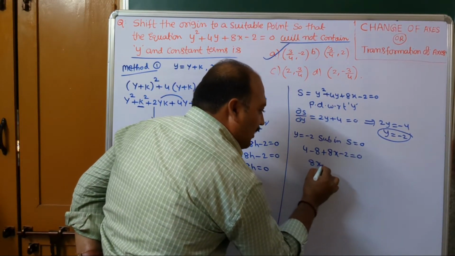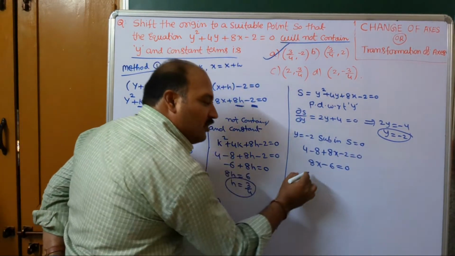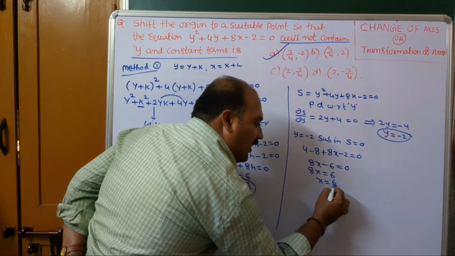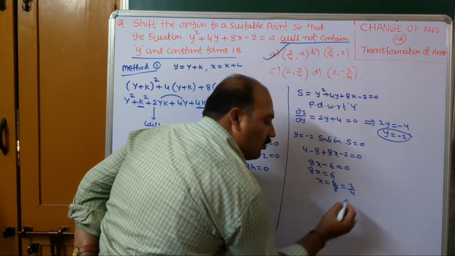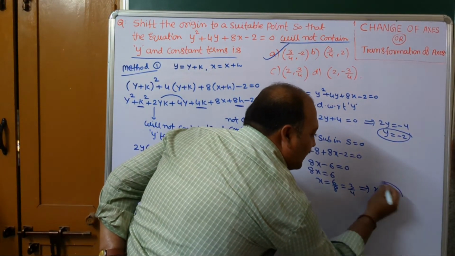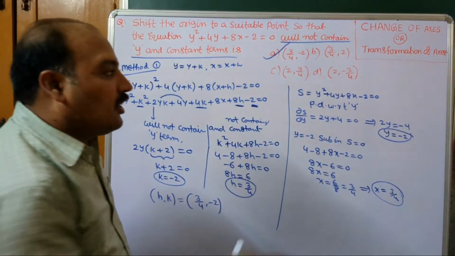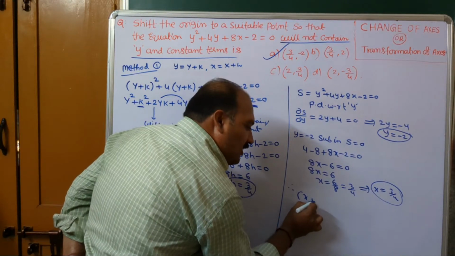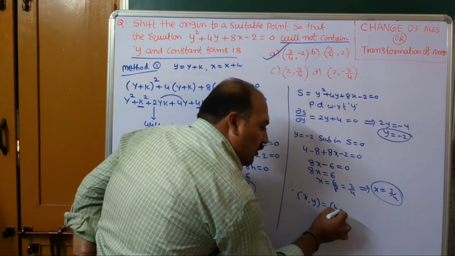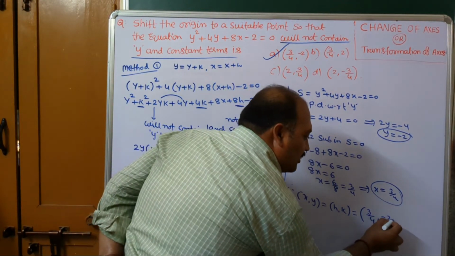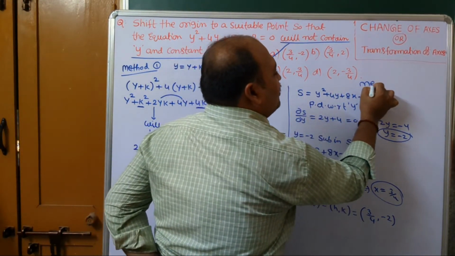So 8x minus 6 equal to 0, so 8x is equal to 6, x is equal to 6 by 8, that is 3 by 4. X indicates h, y indicates k. Therefore x comma y, the shifted origin h comma k, is 3 by 4 comma minus 2. This is method 2, dear students.